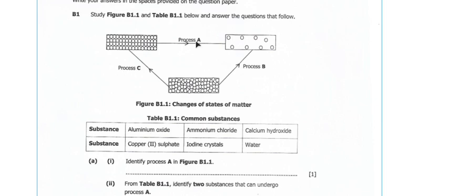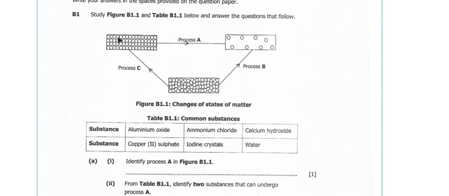Process A is this one. Now let's look at the arrangement of particles here, here, and here. So here we see that these are closely packed, and this is solid. The arrangement is somehow different to this one. So that is a liquid, and this is gas.